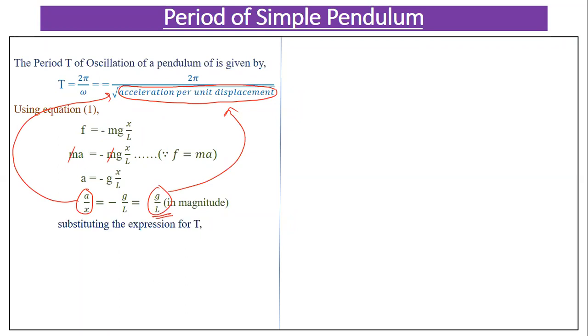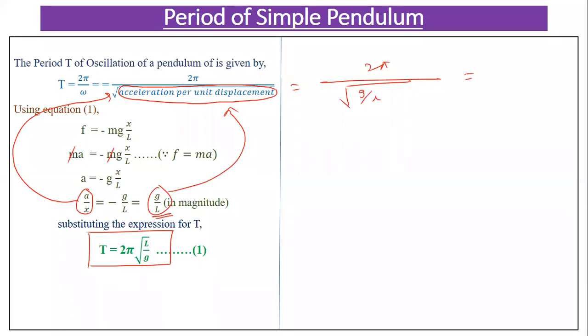Substituting this acceleration per unit displacement in the expression of capital T, we get T is equal to 2 pi, we substitute 2 pi as it is. Acceleration per unit displacement is g by l, so we get the formula 2 pi under root l by g. This formula is the expression for the period of a simple pendulum.